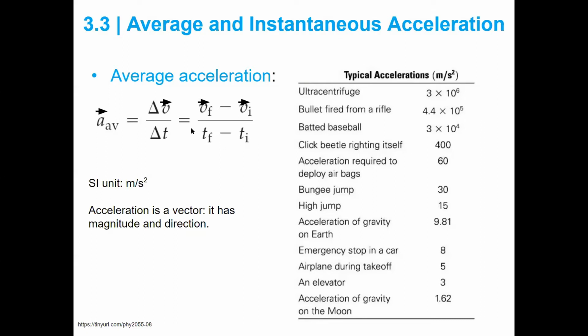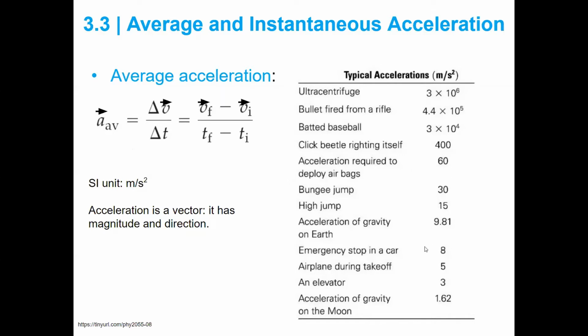Okay, as you can see, because velocity is a vector, acceleration or average acceleration is a vector. So in general, acceleration should be a vector. The SI unit for acceleration is meters per second squared, because velocity is meters per second, and then you divide by time, which is in seconds. So then you should have seconds squared in the denominator. Okay.